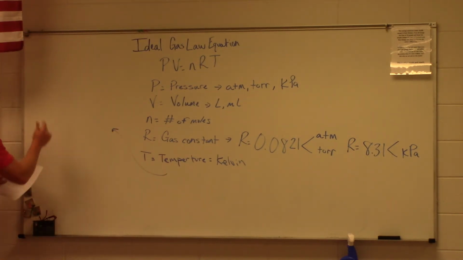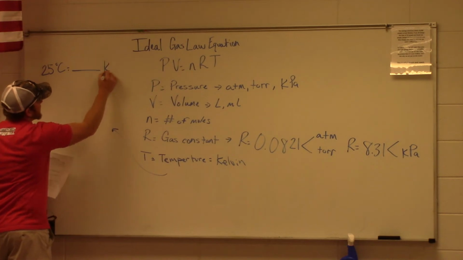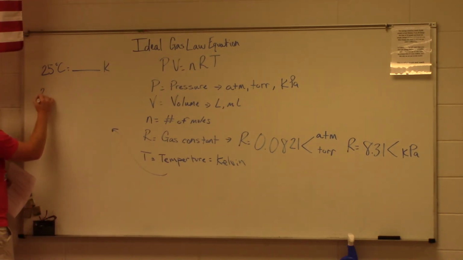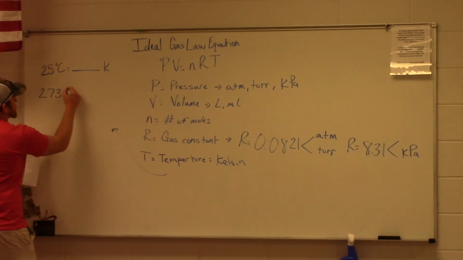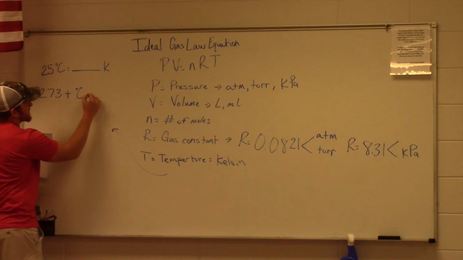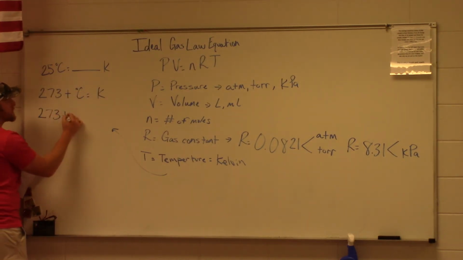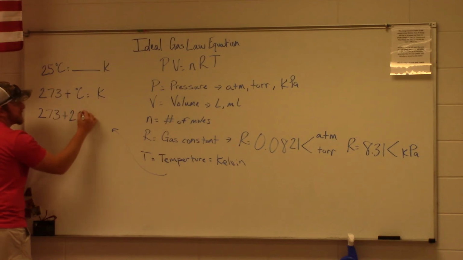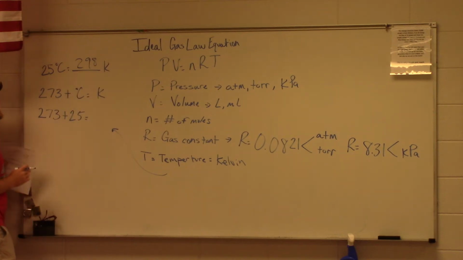Let's assume we are given 25 degrees Celsius and we want to know what that is in Kelvin. All we have to do is take the degrees Celsius plus 273 equals K. So 273 plus 25 is going to be equal to 298 Kelvin.